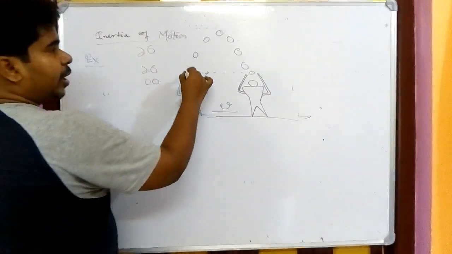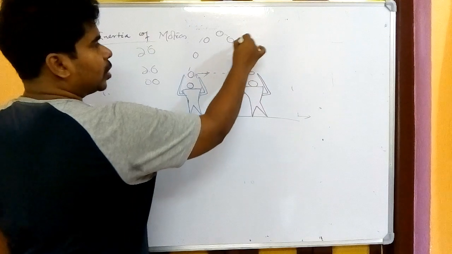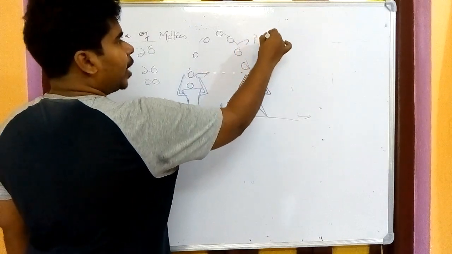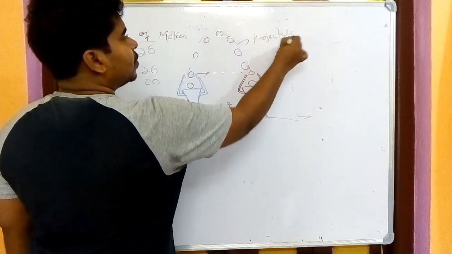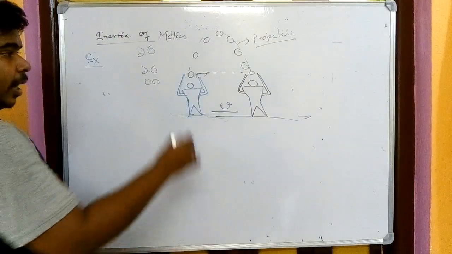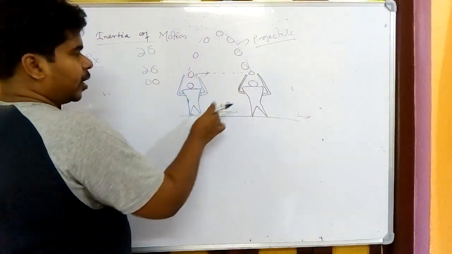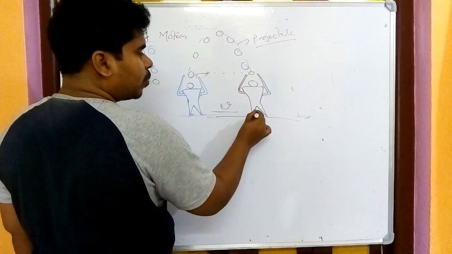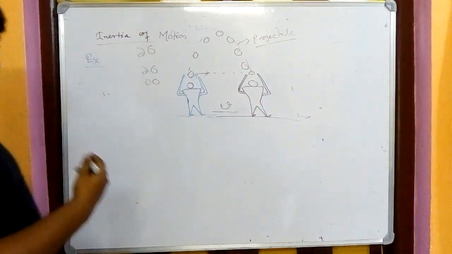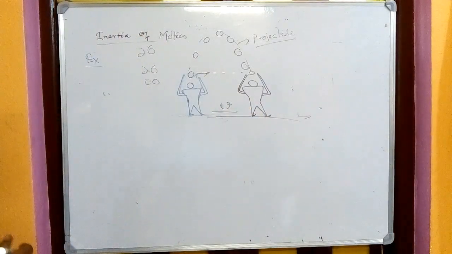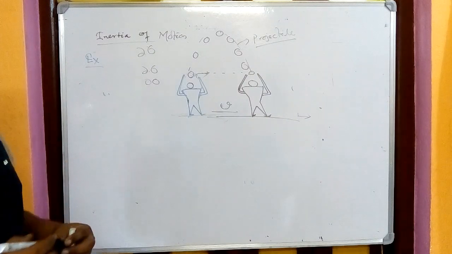No, it goes by this type of motion that is known as projectile motion, or projectile. And when the ball has come here, the man has already come to this point, because the train is moving with a speed, and he is able to catch the ball.